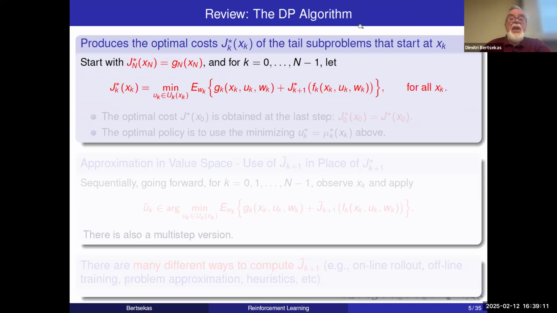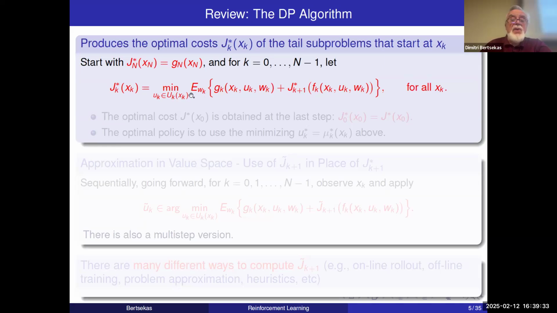So let's review the dynamic programming algorithm. It gives you the optimal cost functions of the tail subproblems that start at the different stages. We start from the terminal cost and go backwards. From J star k plus 1, we get J star k of xk, with this formula here.